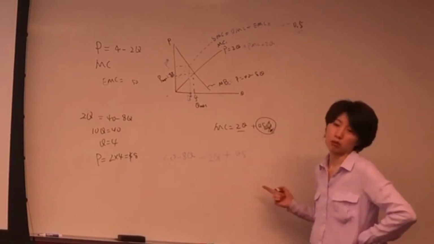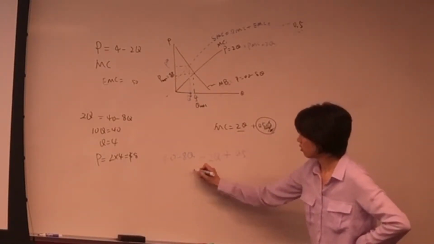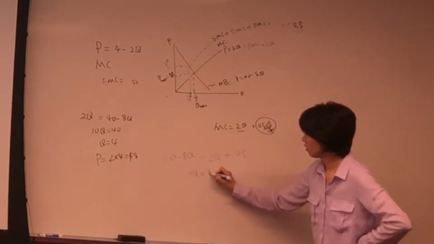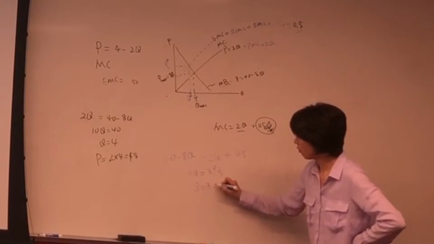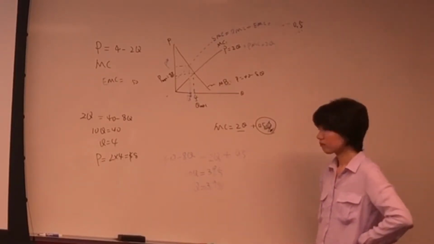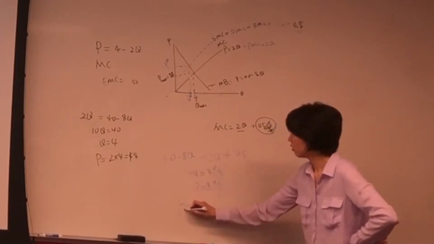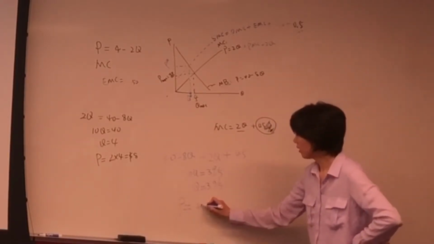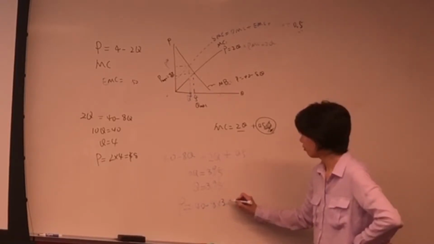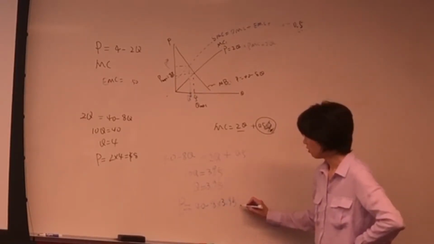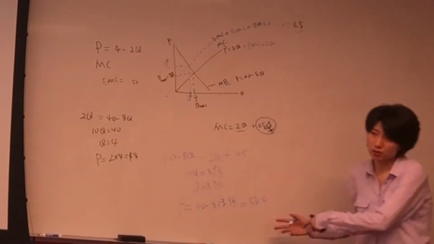Then you can solve for the new equilibrium price and quantity. 10Q is 39.5, so Q is 3.95. Then you get the price: P will be 40 minus 8 times 3.95, which is $8.40.